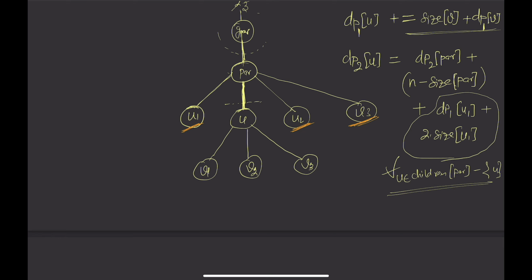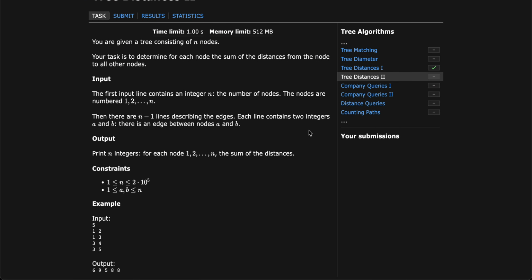Let's write the code. This formula, keep handy. So the task is to find, for each node, the sum of the distances from the node. So what is the n?